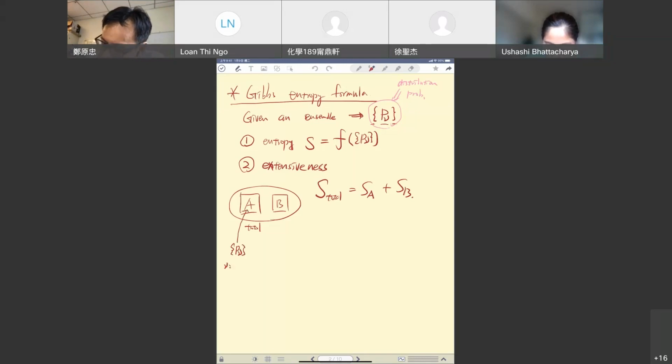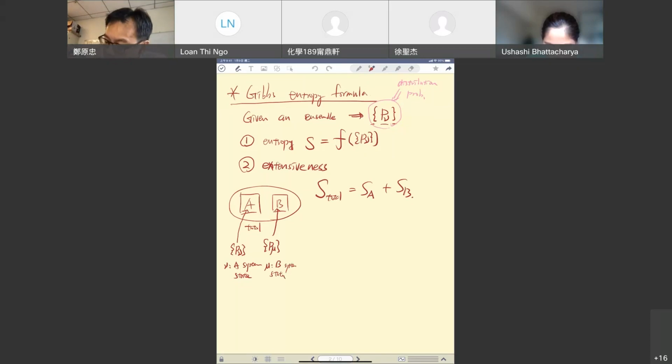So nu denotes a system state of the A system. And we need another set of distribution for B, and I will use P mu for this. So mu is the B system state.